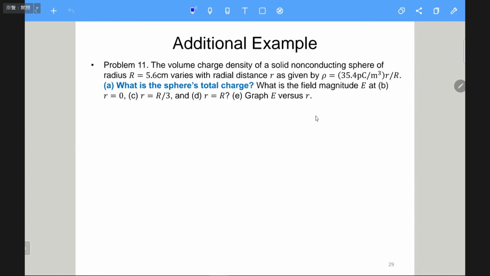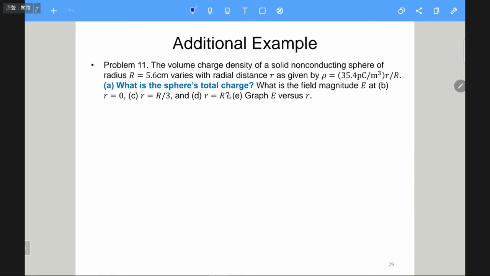Okay, let me try to finish this additional example. So this is the problem in the textbook, problem 11. It says the volume charge density of a solid conducting sphere of radius capital R, 5.6 centimeters, with radial distance r, is given by this one.